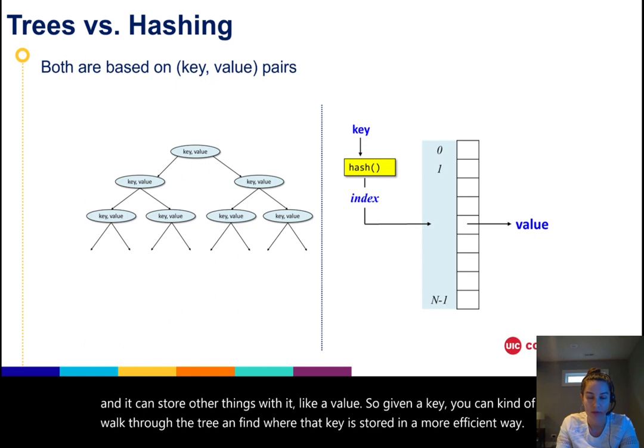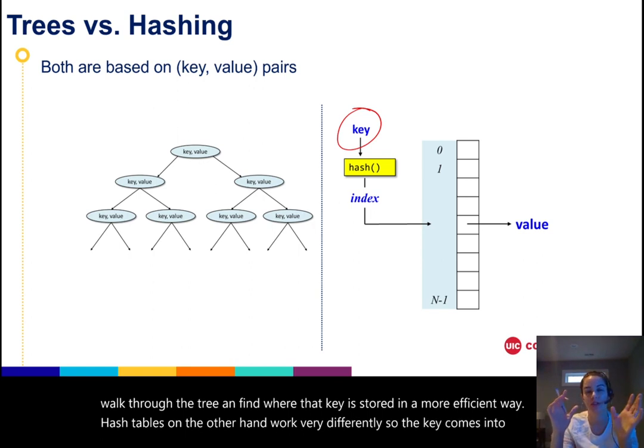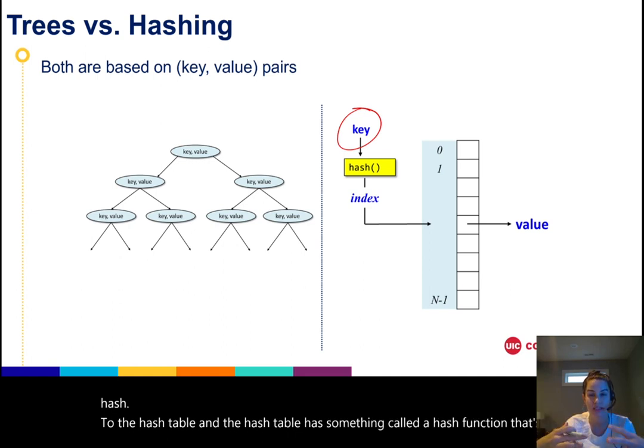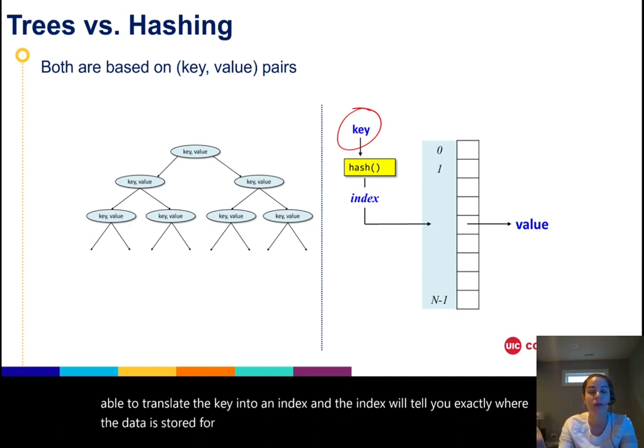Hash tables, on the other hand, work very differently. The key comes into the hash table, and the hash table has something called a hash function that's able to translate the key into an index, and the index will tell you exactly where the data is stored for that particular key.